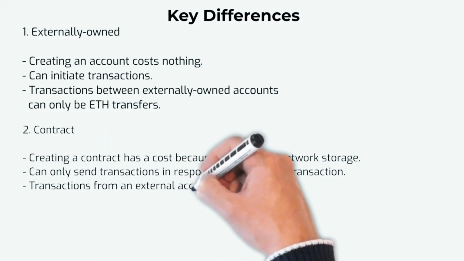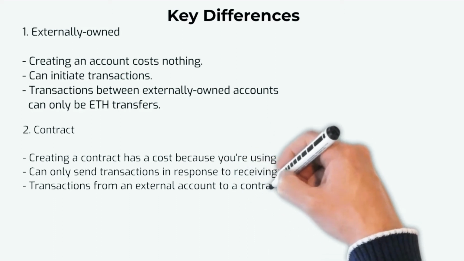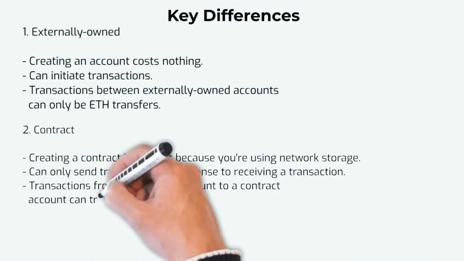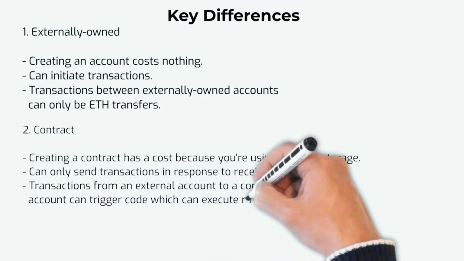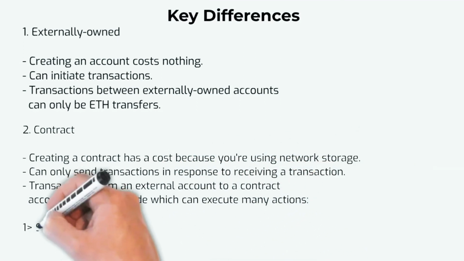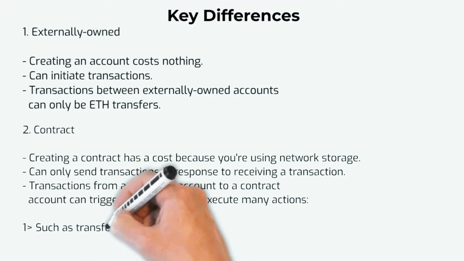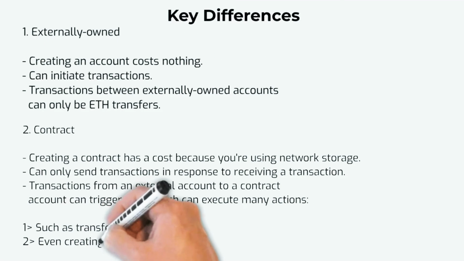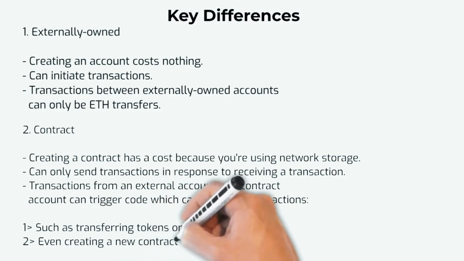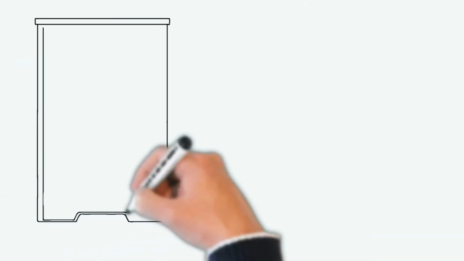That means transactions from an external account to a contract account can trigger code within the contract, which can execute many actions, such as transfer of tokens. And these tokens can be not only ETH tokens but other tokens, or even creating a new contract.